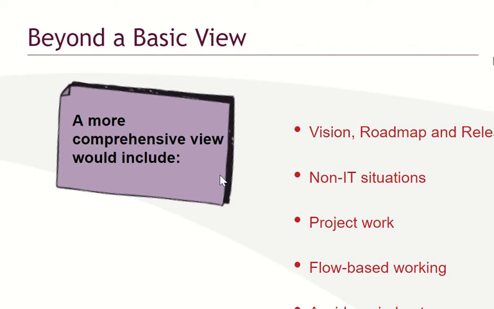Okay, so beyond the basic view, you have a more comprehensive view about Agile, such as the vision, the roadmap, and releases. Every project should have a vision and a roadmap. A roadmap is, for example, you want to build a two-story building. What is the roadmap?